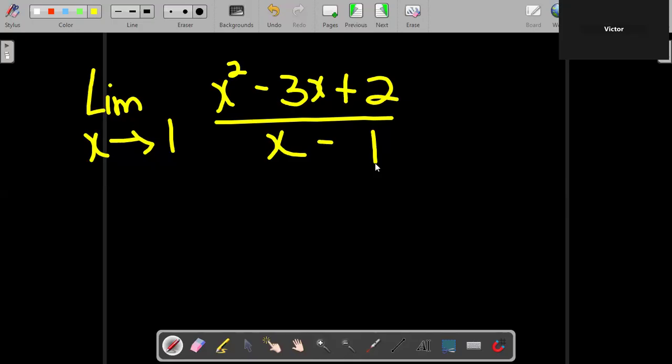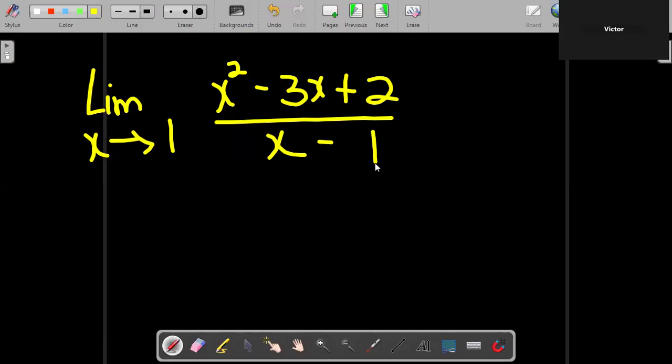The numbers are minus 2 and minus 1. So minus 2 and minus 1 are the factors.